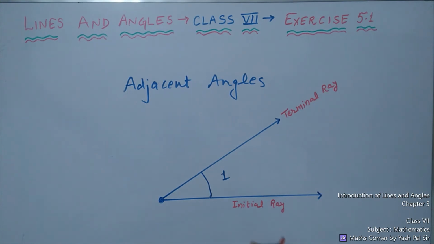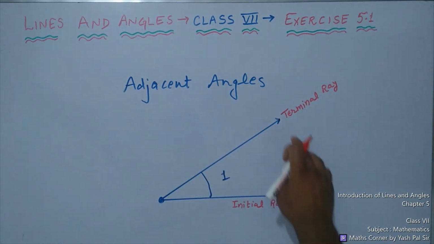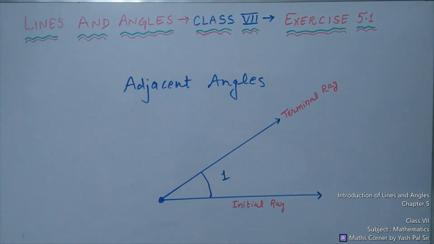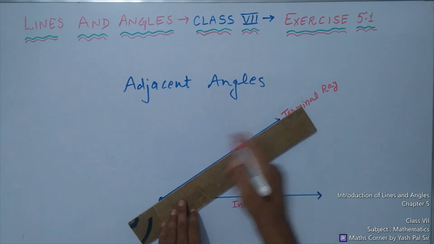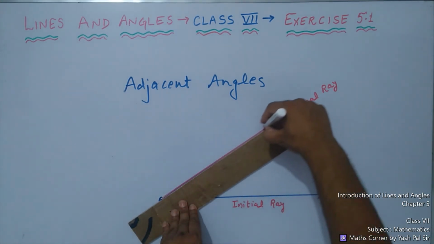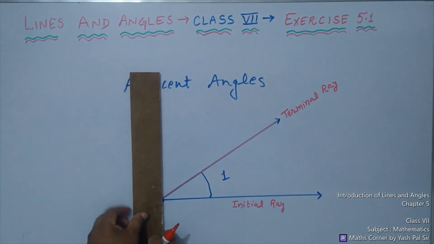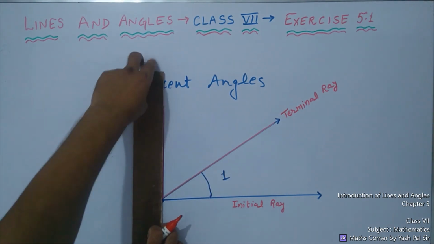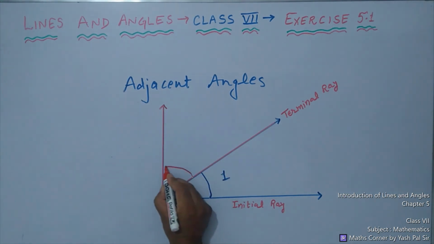Now in order to find the adjacent angle, we have to find another angle, but here the terminal ray becomes the initial ray. So this way we have this ray and this is another ray, so that now this angle becomes angle number 2.